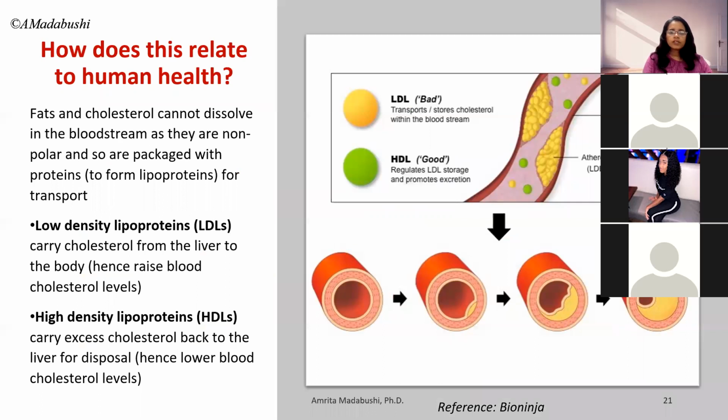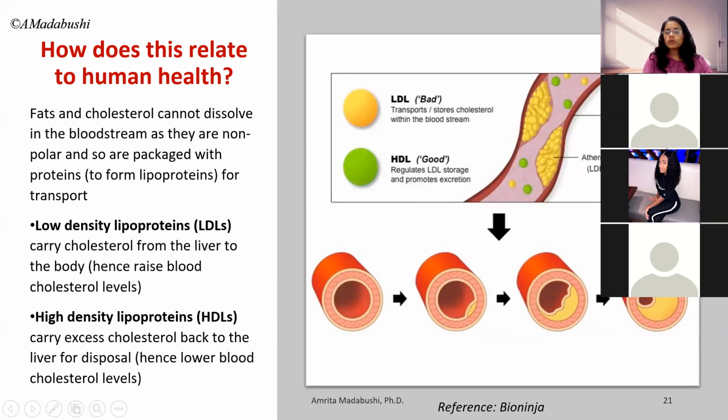So this is how it relates. So let us try to understand in this one chart. LDL, or low density lipoprotein, transports and stores cholesterol within the bloodstream. So bad idea. And then high density lipoprotein regulates LDL storage and promotes excretion.